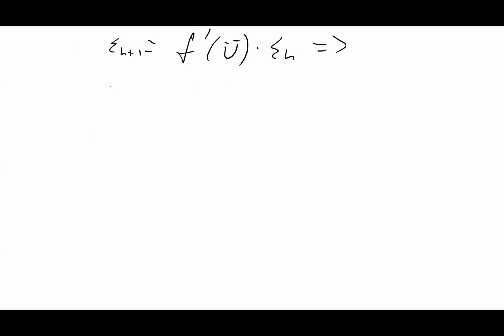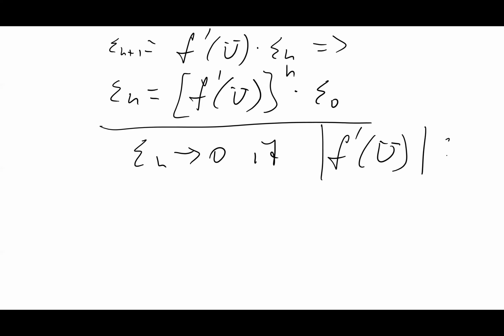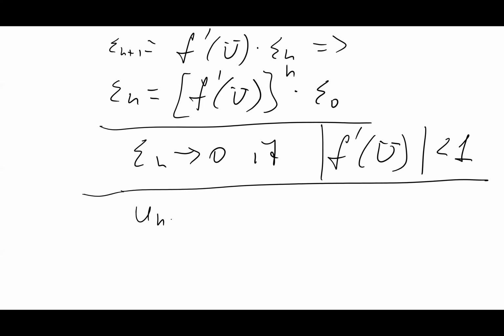For this we know the solution: epsilon_n is this derivative to the power of n times epsilon_0. We had it before, and we know that epsilon_n tends to 0 if this number by absolute value is less than 1. It was also discussed before. This completes our proof.